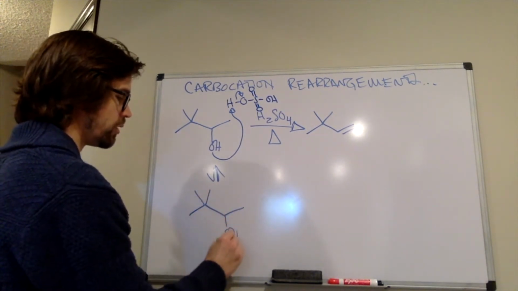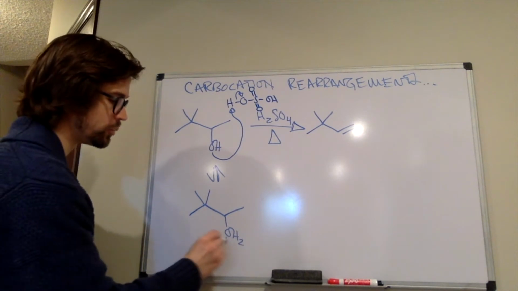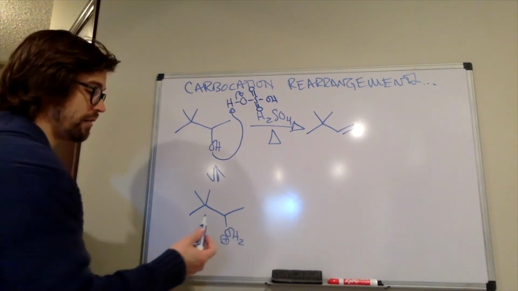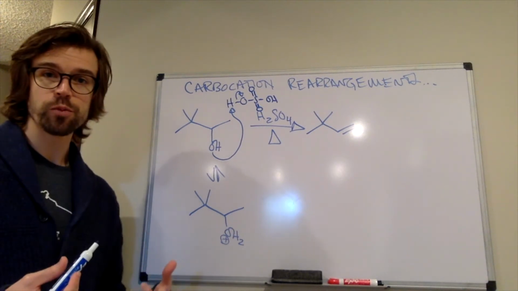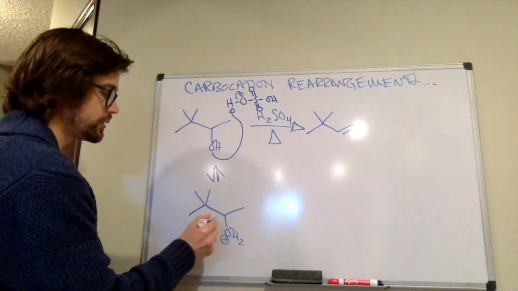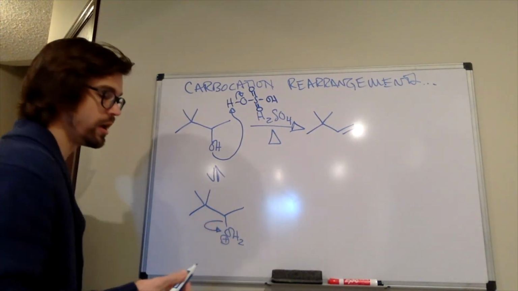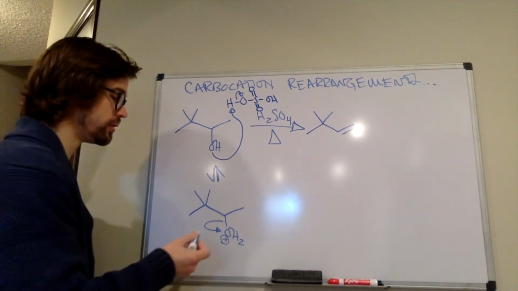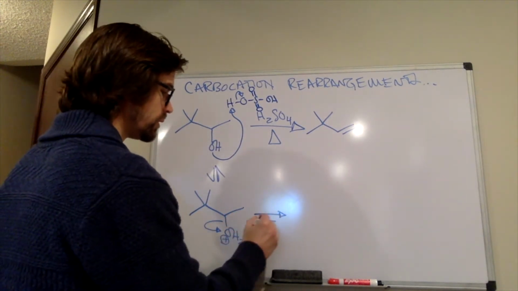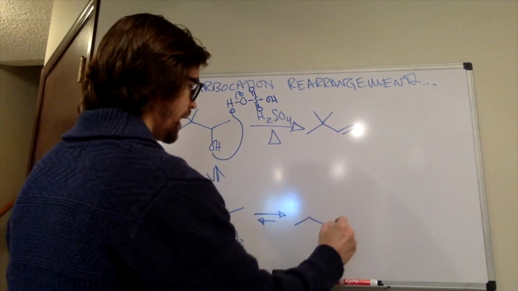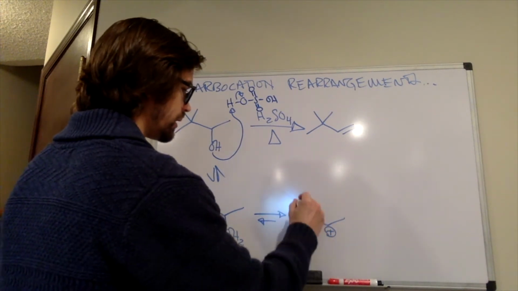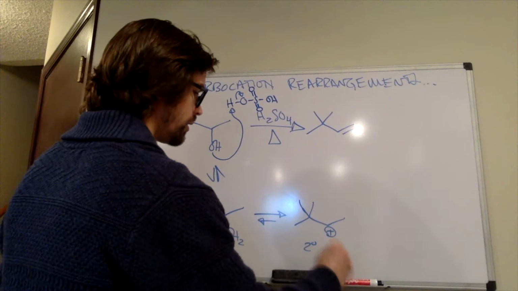It's going to make a really good leaving group, this OH2+, and at this point, we have a secondary leaving group. We do not have a strong base or nucleophile, so this is going to lead to carbocation formation from that alcohol leaving. So at this point, we would have the secondary carbocation. So we'll write that in here, secondary carbocation.